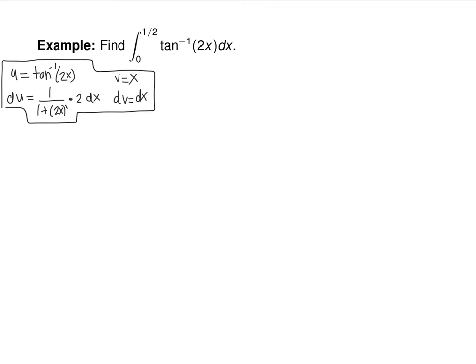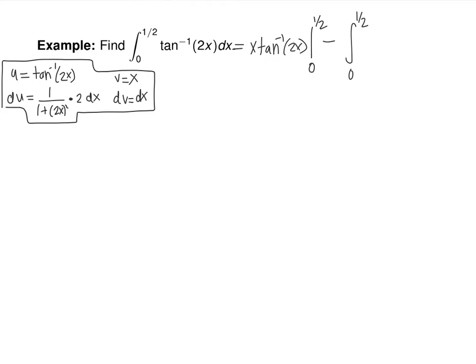And I made this one so much fun because I also put bounds on it, so yippee! So uv, so we have x inverse tangent of 2x, and that will be evaluated from 0 to 1/2, minus the integral from 0 to 1/2 of v du.